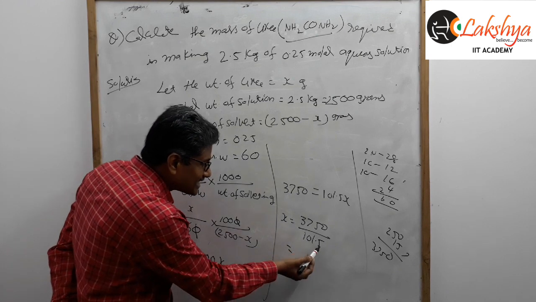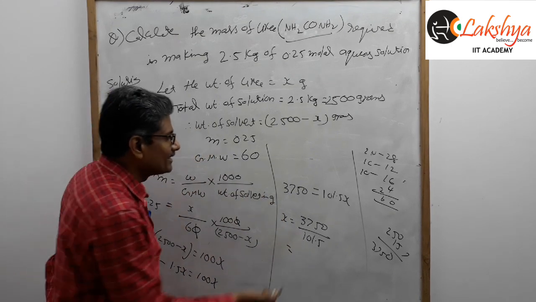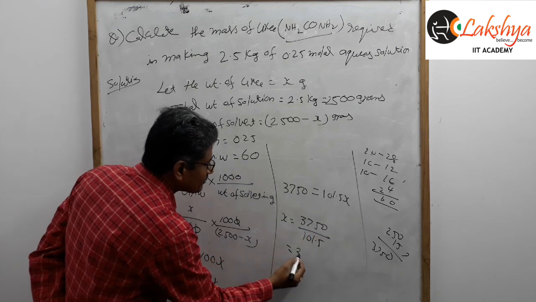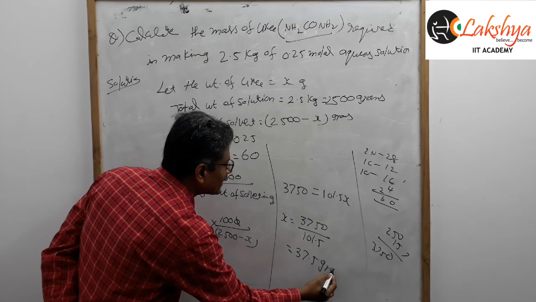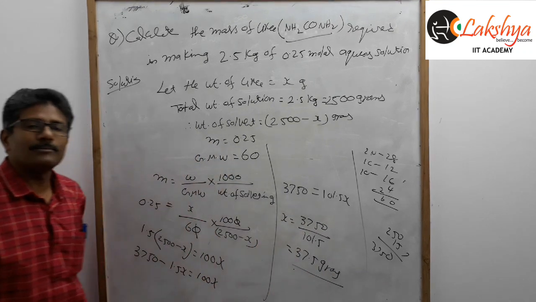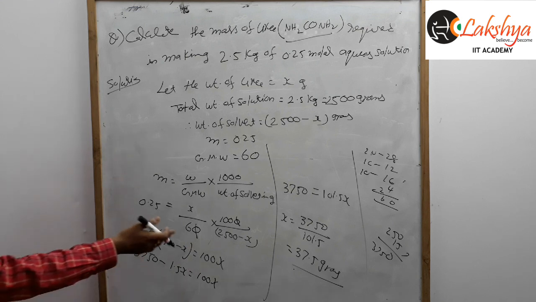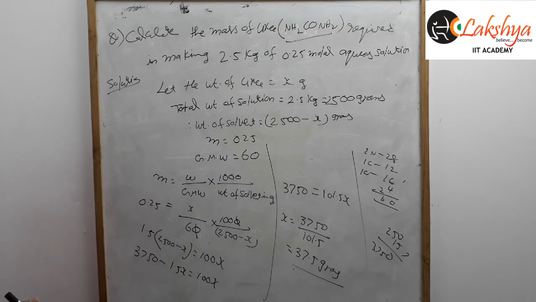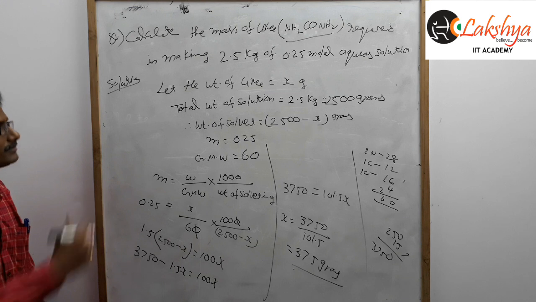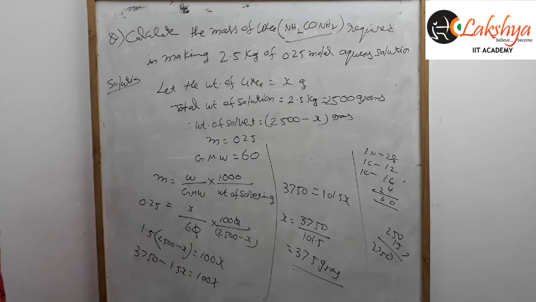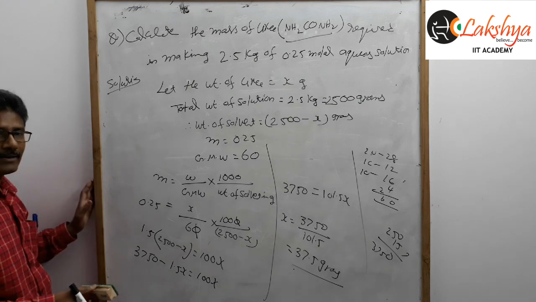If you consider this denominator value as 100, then you can cancel the zeros and it becomes 37.5 grams. 37.5 grams of urea dissolved in the solution will get 0.25 molar and total weight equal to 2.5 kg. Okay, so that is the problem solution method. Please note down. Note down that one. Okay, right.